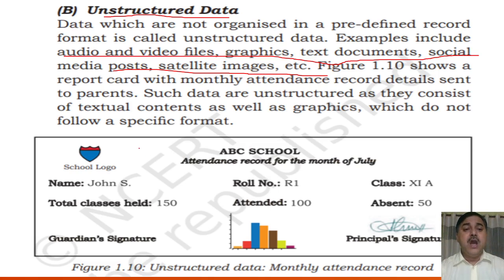Here you can see I have given one example. This is a school logo, this is the name, this is the total strength, different data, this is the principal's signature. All these things are organized and executed in an unstructured format and in an unstructured way. So we need to arrange them in a graphical form or a particular device format.